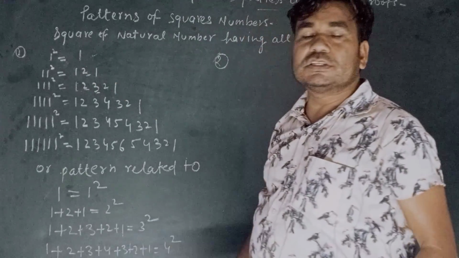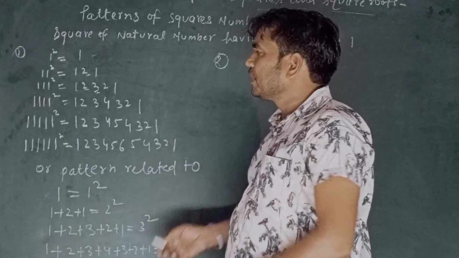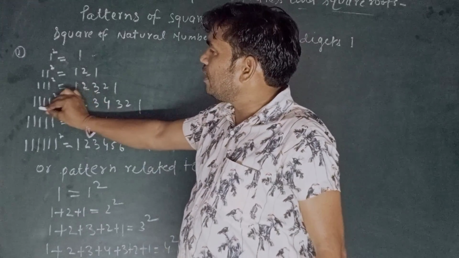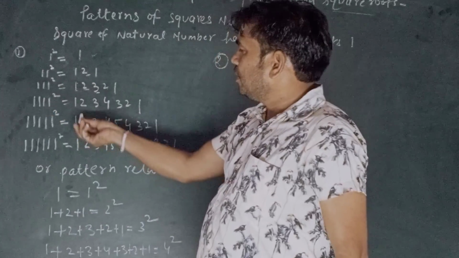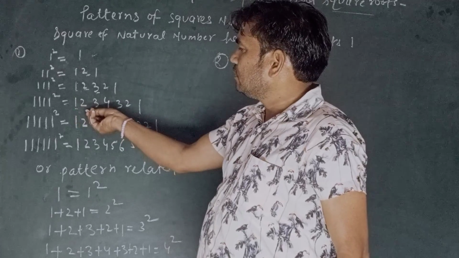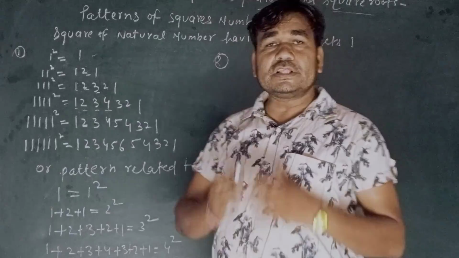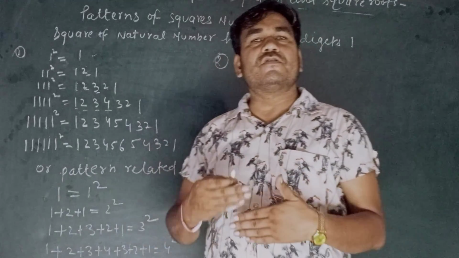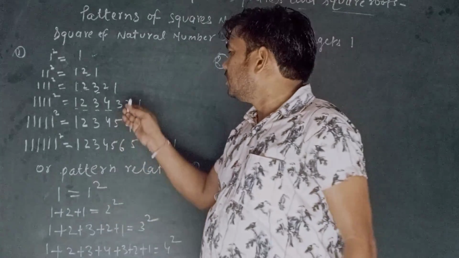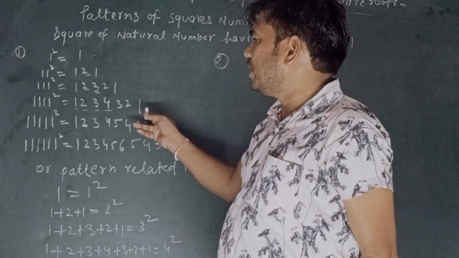In the same way, 1111 square equals 1 2 3 4, after that you reverse the digits, like 3 2 1.